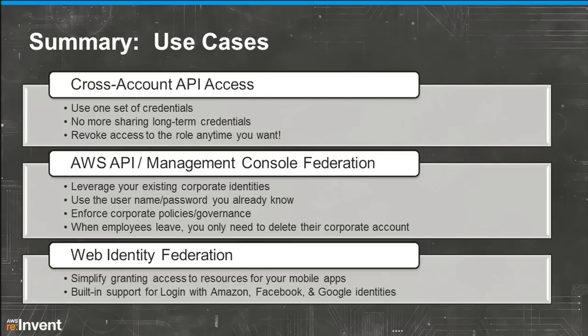This allows you to use your existing corporate identities to access AWS resources. We also looked at how you could use SAML, an open standard, to do that. And the last scenario we took a look at was Web Identity Federation. You remember, this is the ability to log in with a public identity provider like Amazon, Facebook, or Google and do federation.